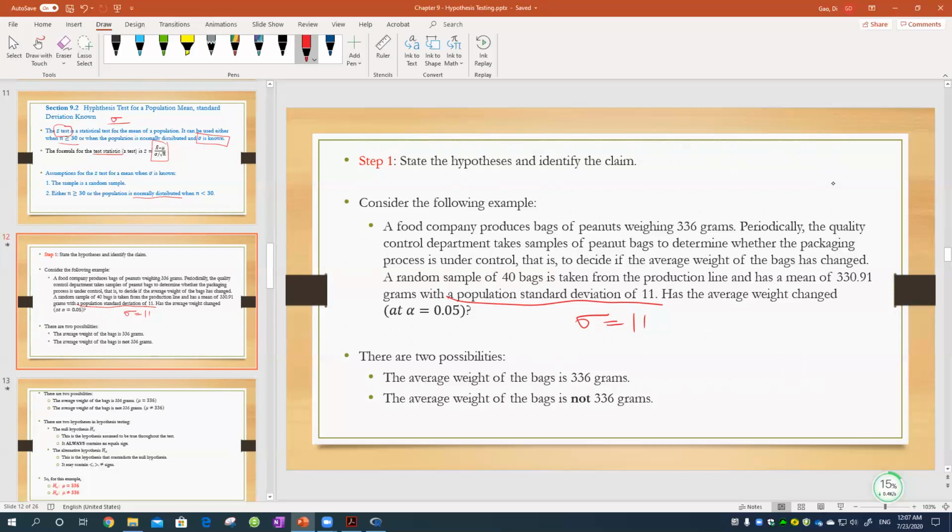Now we have two possibilities. The average weight of the bag is 336 grams, or the average weight of the bag is not 336 grams. So now we kind of get a feeling which alternative we're going to use because we have three scenarios. Does not equal, more than, or smaller than. So this is probably a does not equal problem.